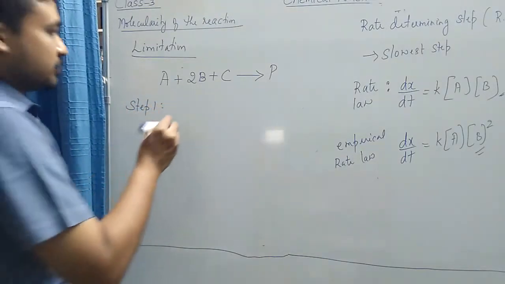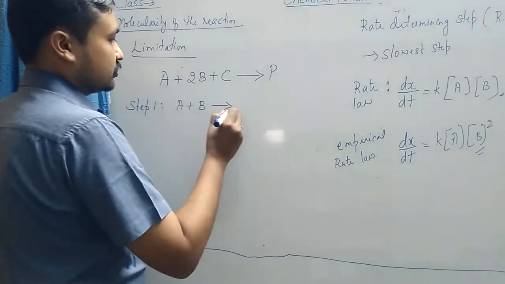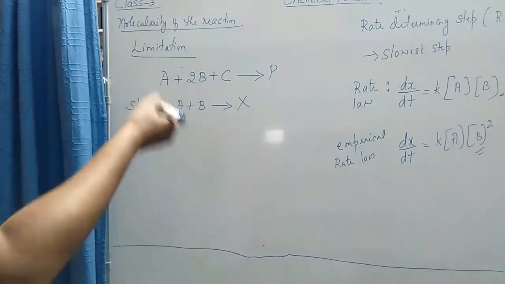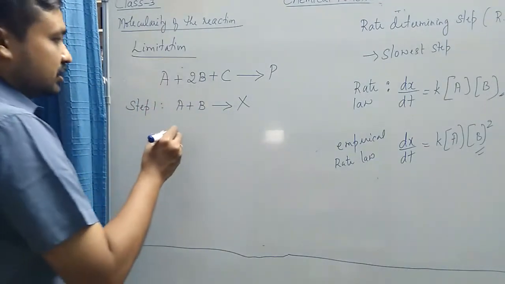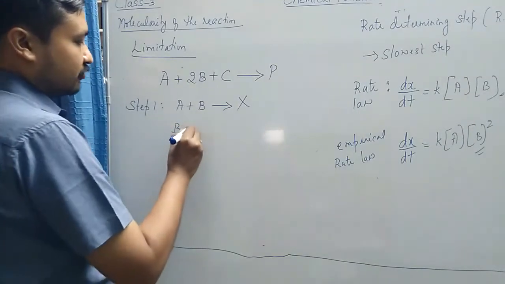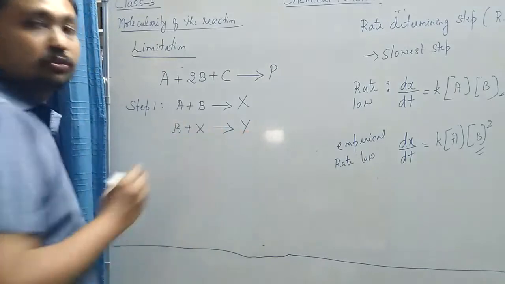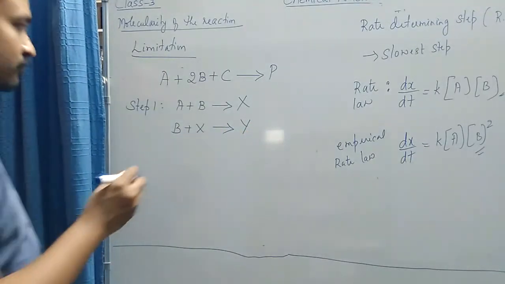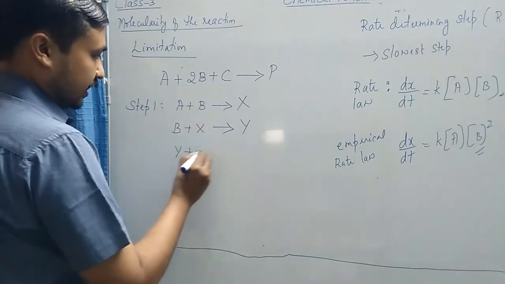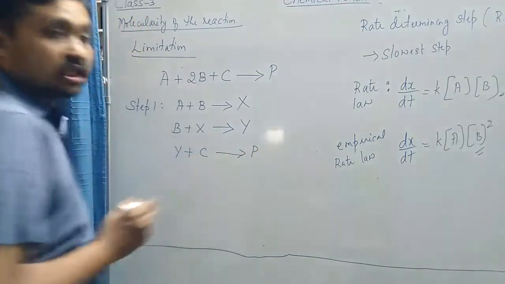In the first step, A plus B gives some intermediate X. In the second step, another molecule of B reacts with the intermediate to give one more intermediate Y, and in the third step, this Y reacts with the molecule of C to yield the final product.